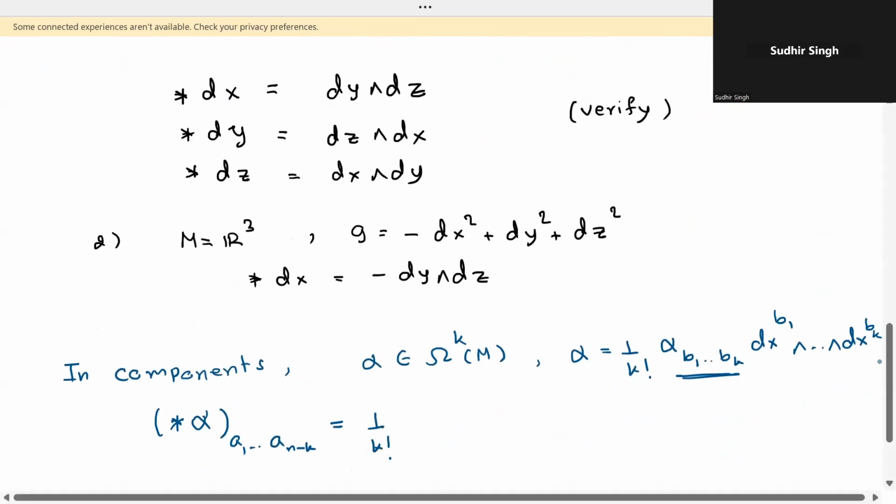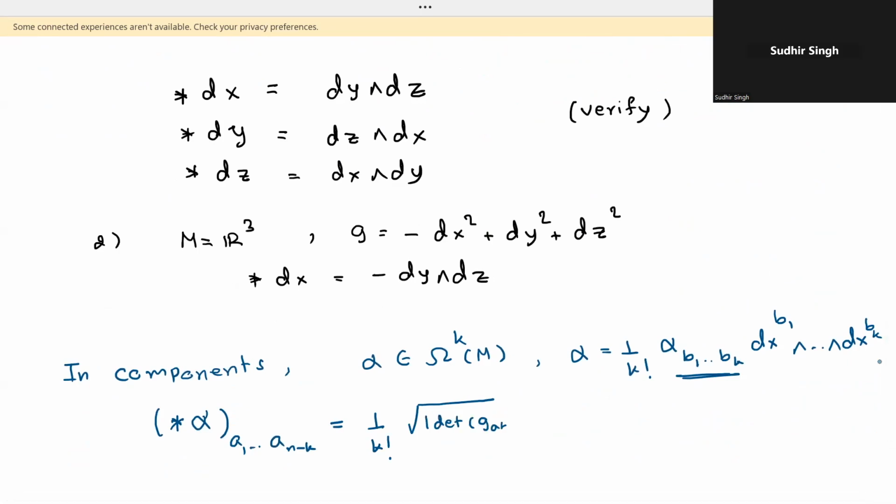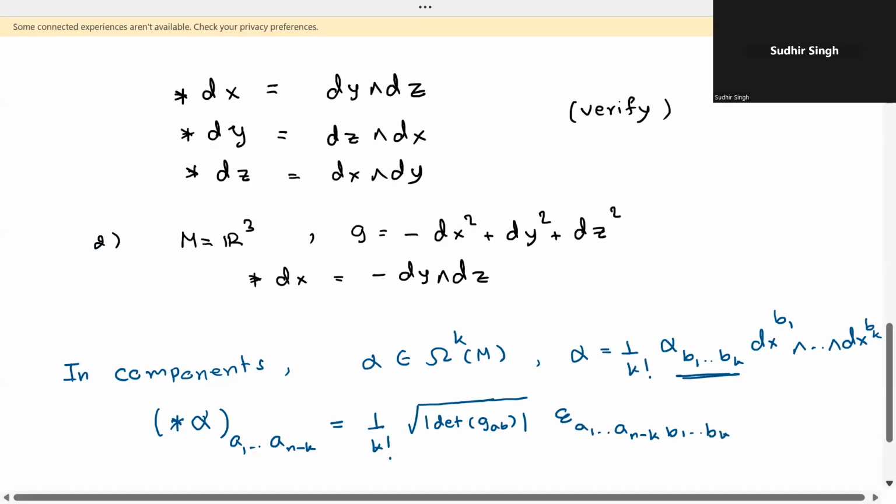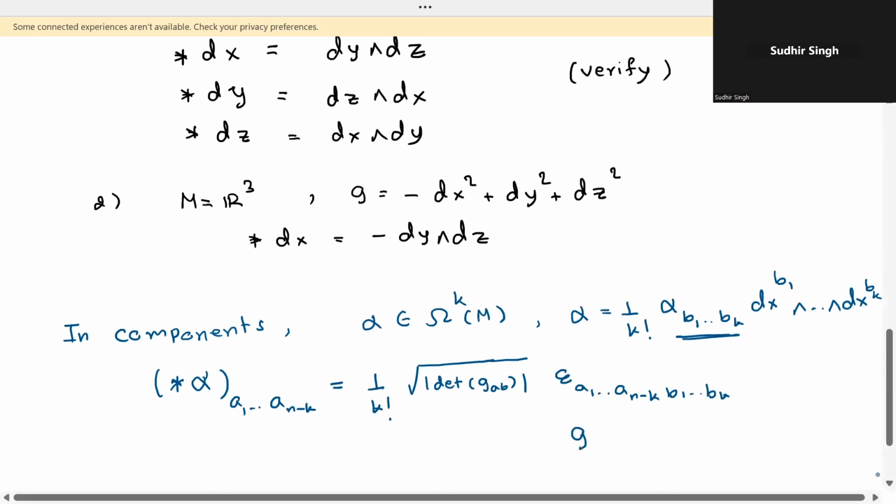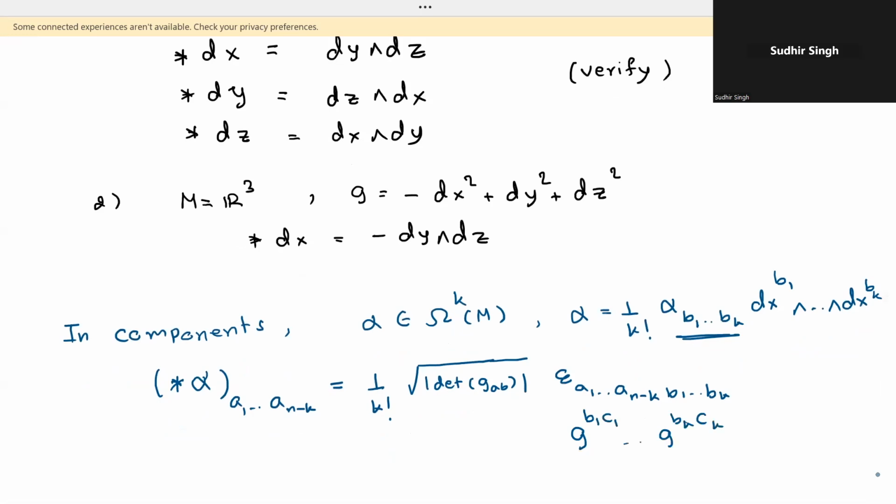This is the k fact: epsilon a1 to a(n minus k) b1 to bk, g^b1 c1.